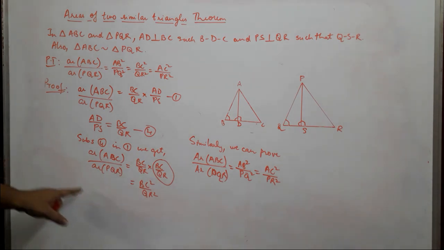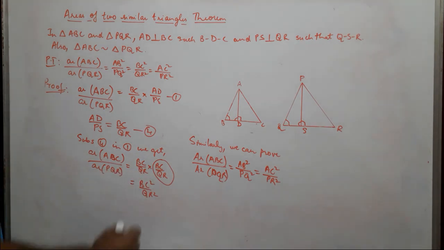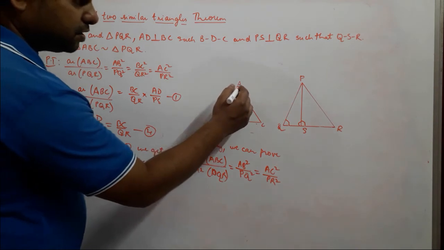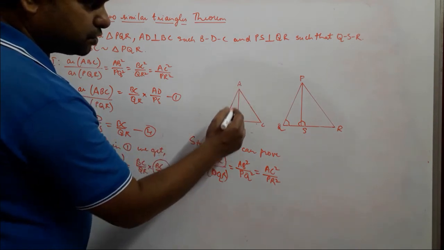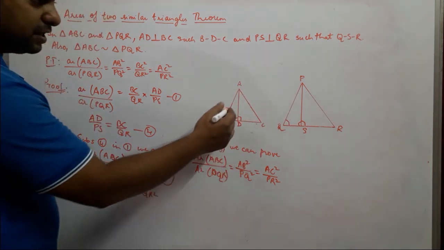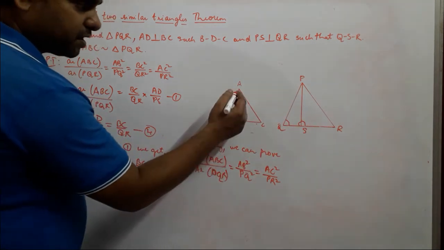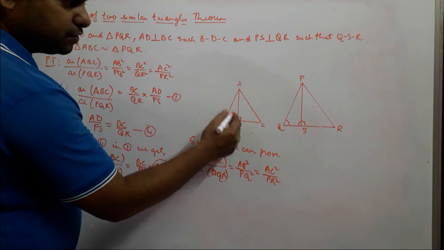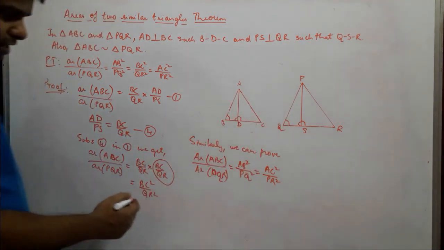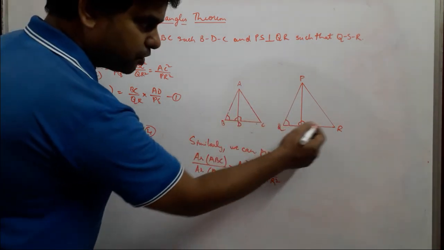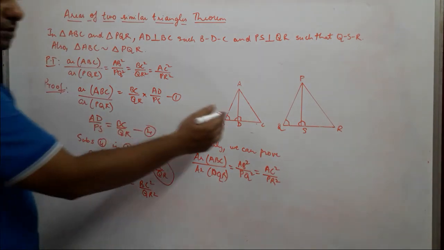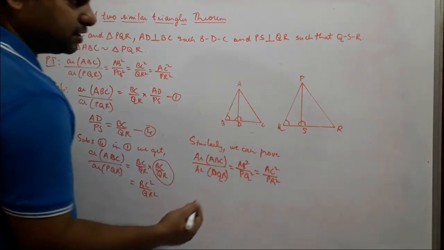Okay, so only this part is replaced, and BC into BC gives us BC square, QR into QR gives us QR square. So we managed to prove the ratio of the areas of two similar triangles equal to the square of the ratio of any two corresponding sides. So we have proved BC square upon QR square, which are part of these two similar triangles.